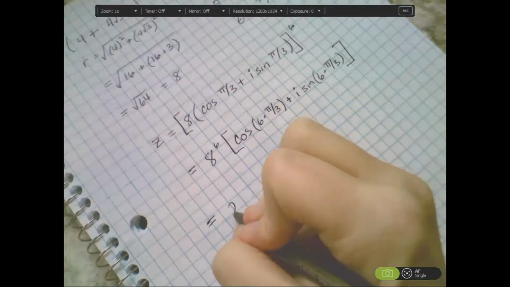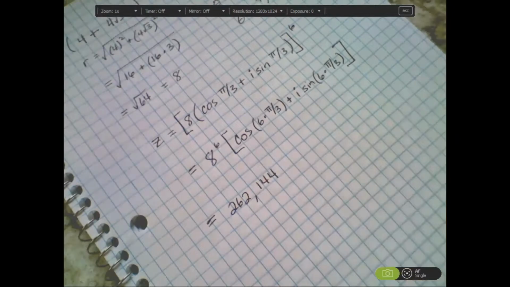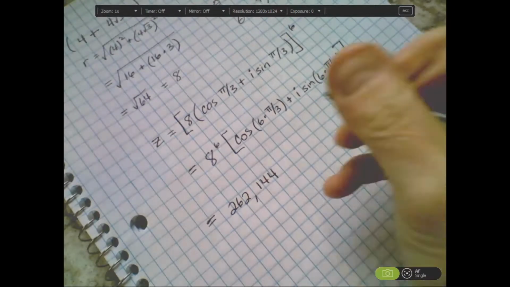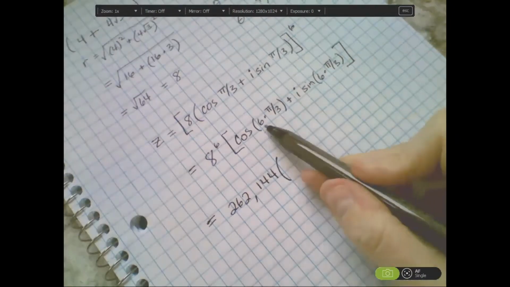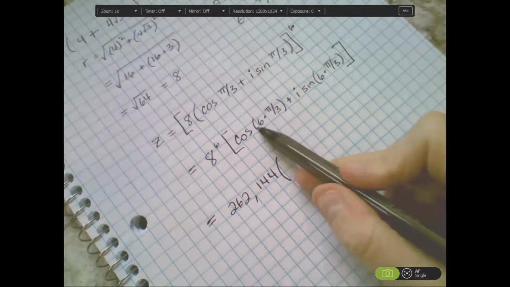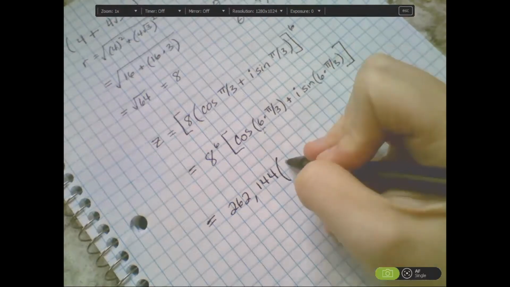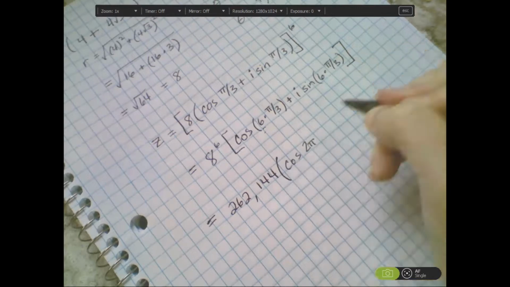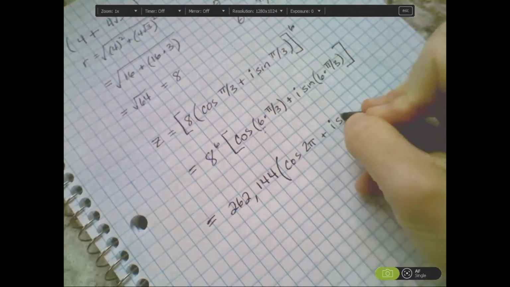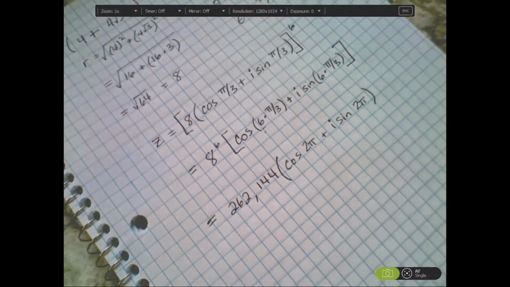That is 262,144. Let's see, this is going to be 6 times pi over 3, 6 pi over 3. That's just 2 pi, right? This is going to be cosine 2 pi. This is going to be sine of 2 pi.